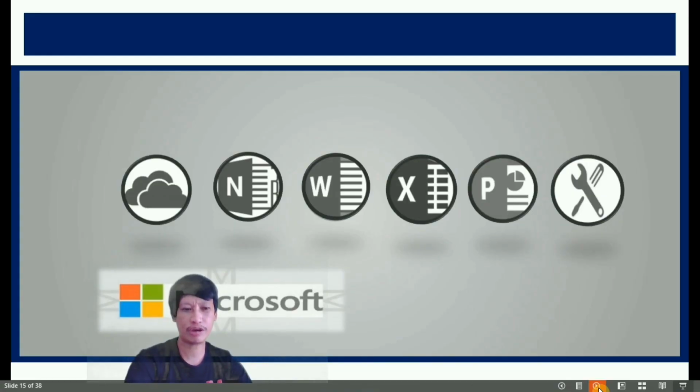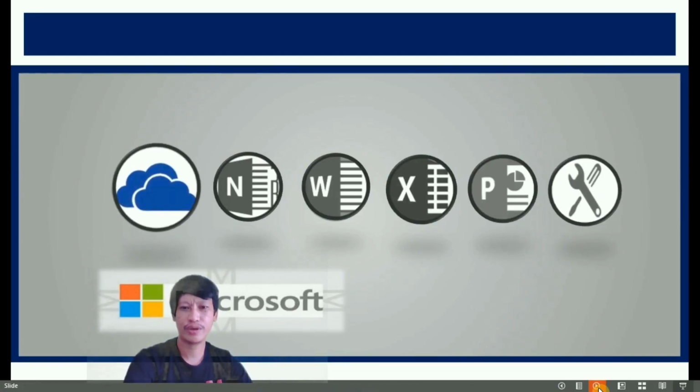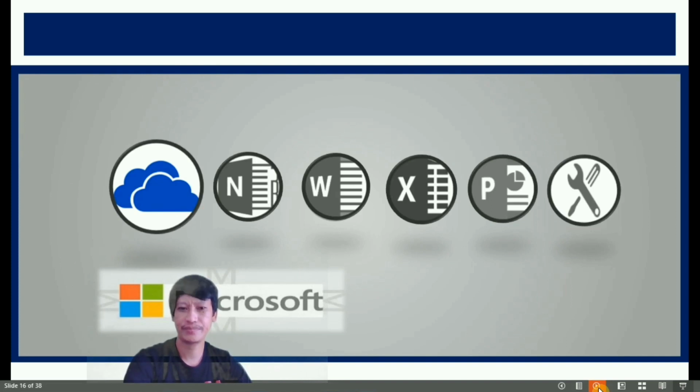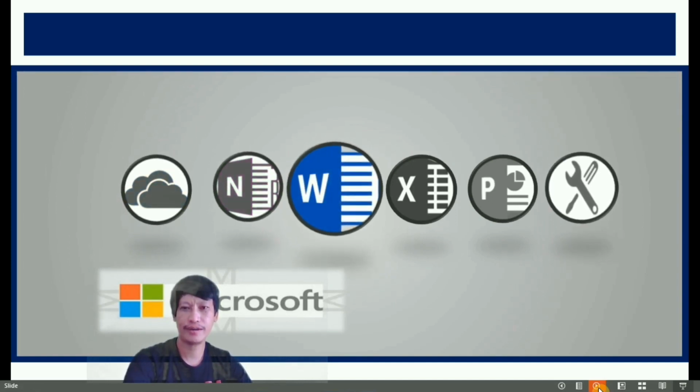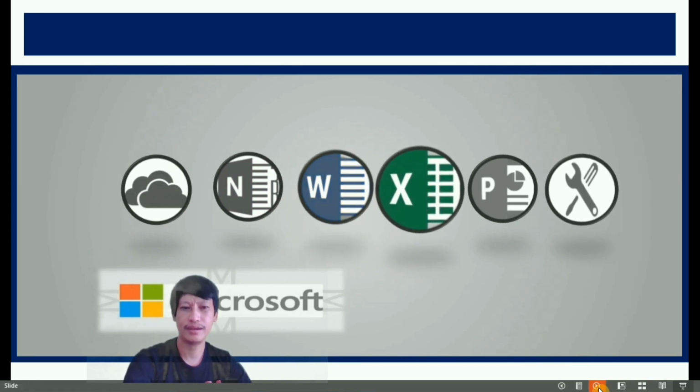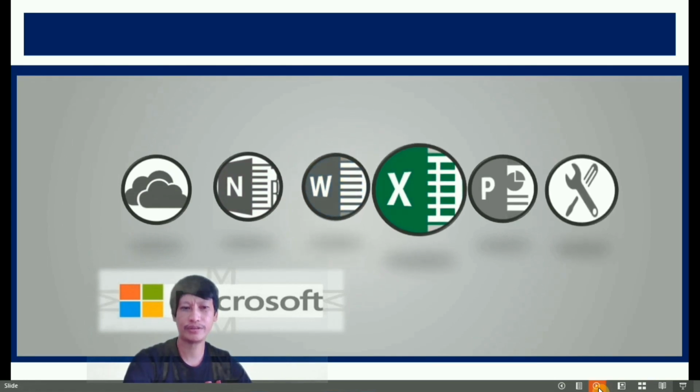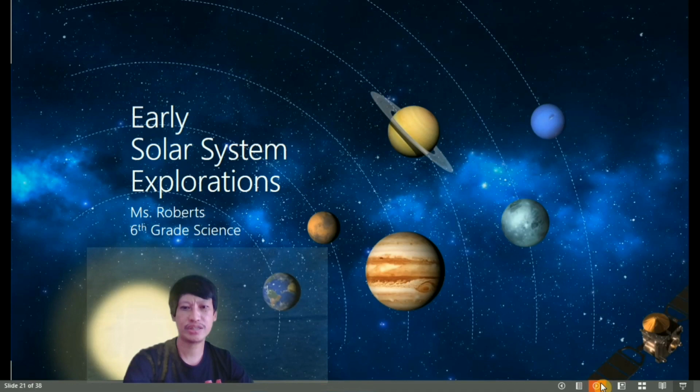Supposing you are talking about OneDrive, so OneDrive is highlighted. And number two, for example, you are talking about OneNote, OneNote is highlighted. Followed by the word, next is Excel, followed by PowerPoint, and so on. Early solar system explorations, that according to Miss Roberts, 6th grade science teacher.